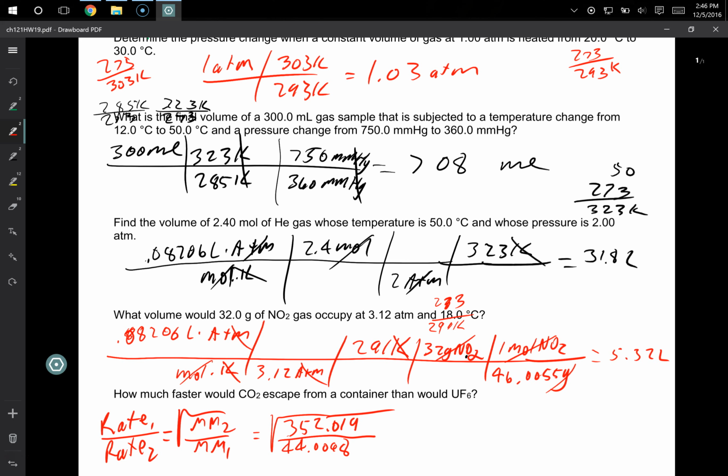Divided by 44.0098. So the CO2 is going to escape 2.8 times faster than the uranium hexafluoride is going to escape.